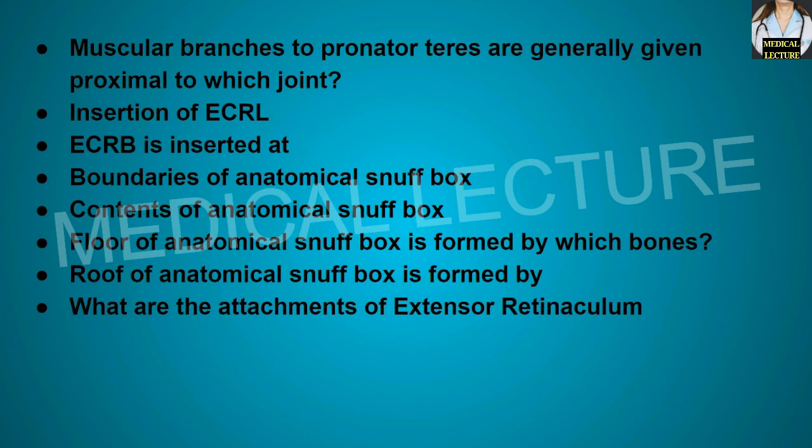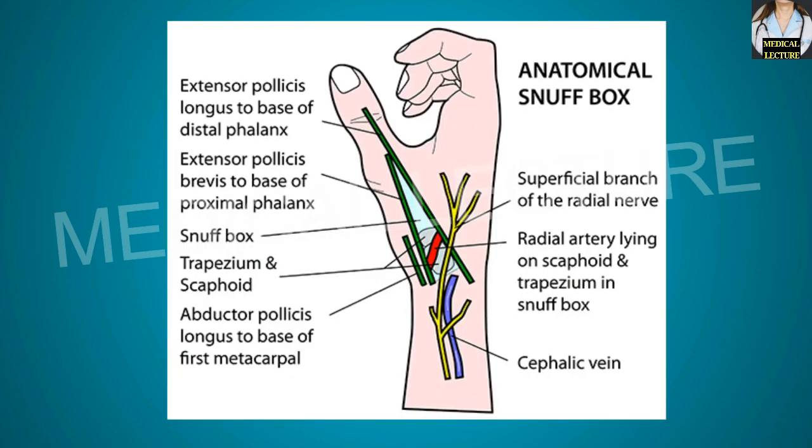Now, what are the contents of the anatomical snuff box? The main contents are the radial artery, a branch of the radial nerve, and the cephalic vein. So three things: radial artery, branch of radial nerve, and the cephalic vein are the contents of the anatomical snuff box.